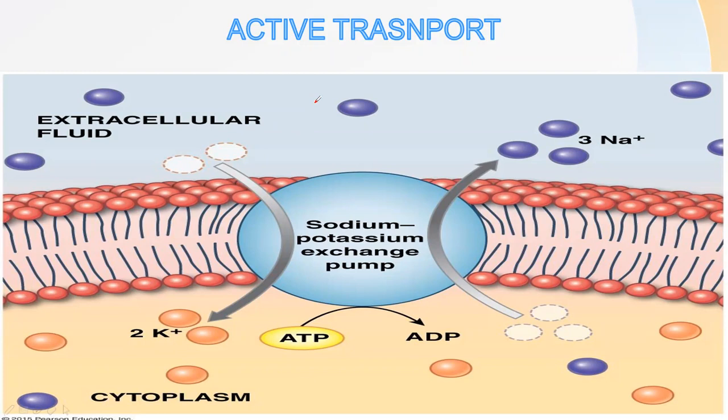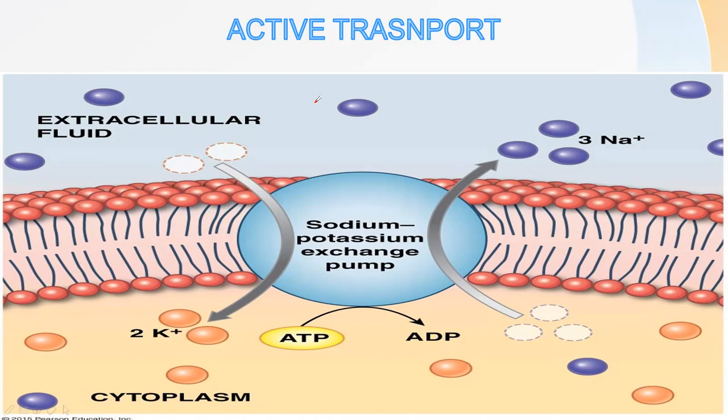Let's imagine there is a cell. The cell is surrounded by the plasma membrane. There is an outside environment and an inside environment. So this sodium potassium pump explains how the ions are transported from the outer environment to the inner environment by using the active mechanism.